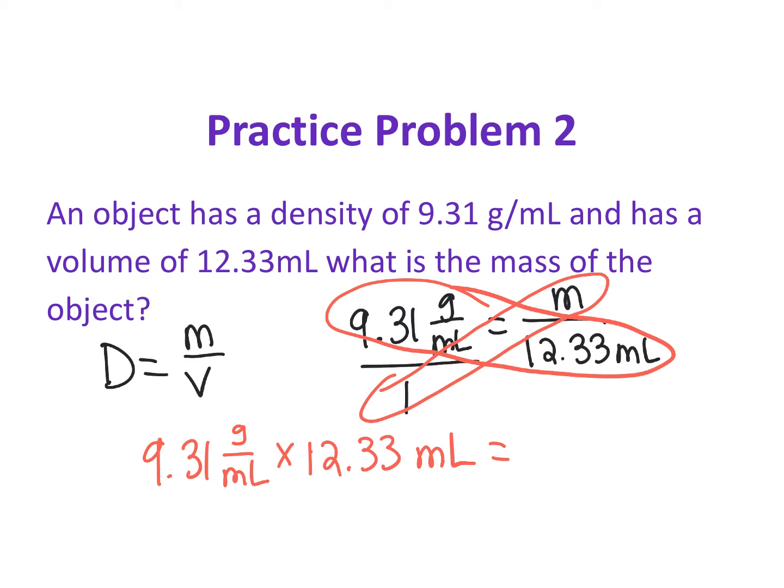So do 9.31 times 12.33, and we are getting 114.79. And let's check our units. So we can cancel out our milliliters, and we're left with grams.